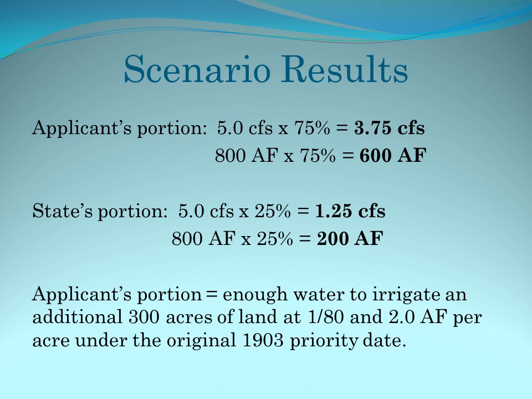The applicant's portion of conserved water is enough to irrigate an additional 300 acres of land at 1/80th and 2 acre-feet per acre. The state receives an in-stream water right of 1.25 CFS. Both of these rights will carry the original 1903 priority date or the original 1903 priority date plus 1 minute.